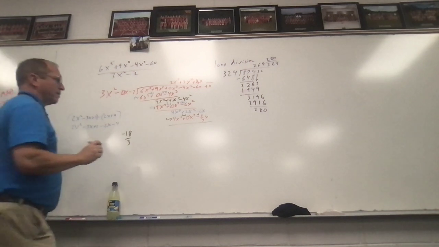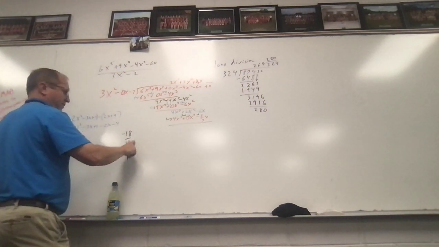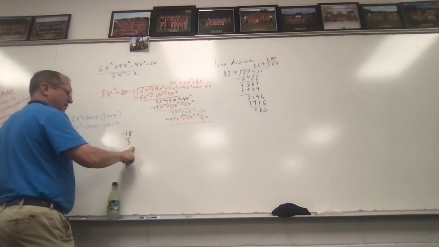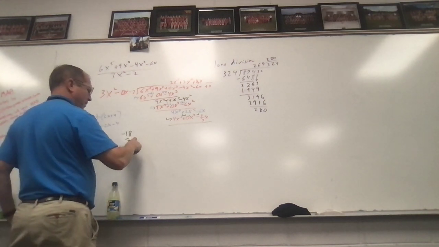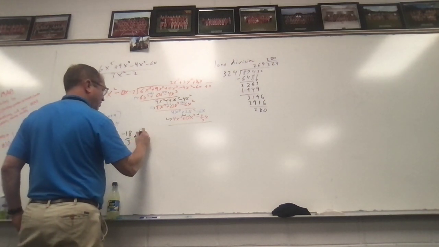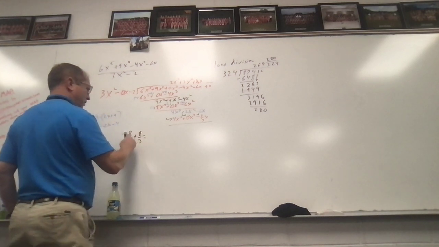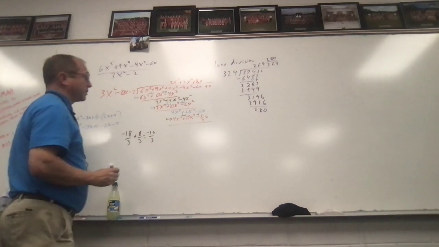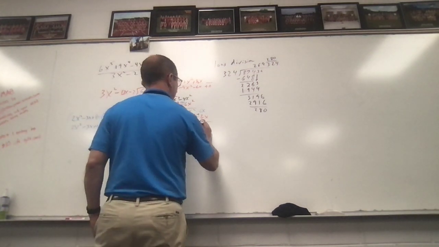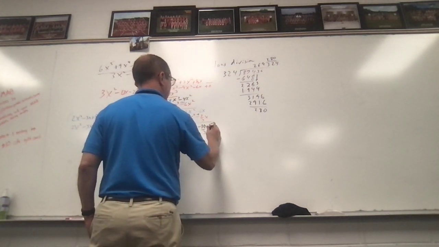What is negative 18/3 the same thing as? Negative 6, yeah. So it's just me working backwards with it. And then it's plus 8/3. And that would give me negative 10/3, right? Okay. So I've got a negative 10/3 here.